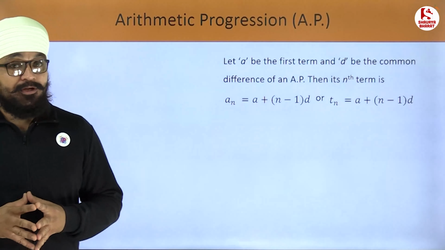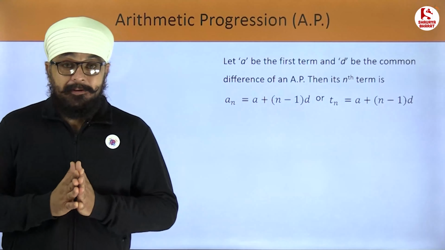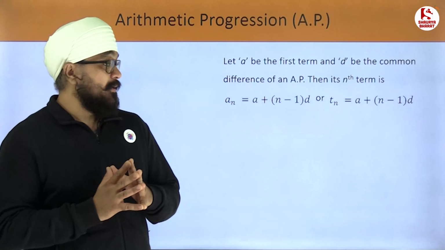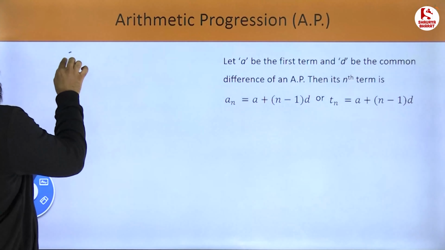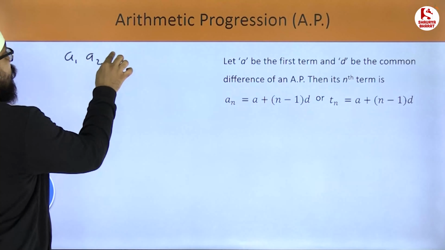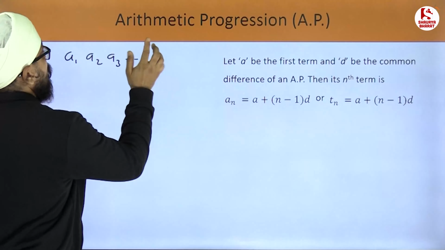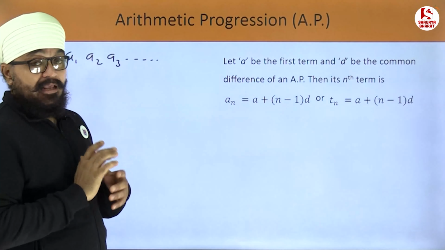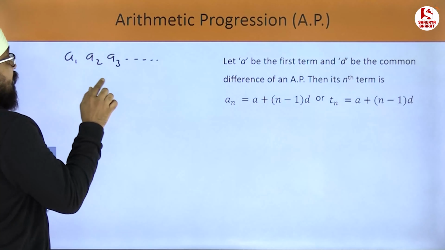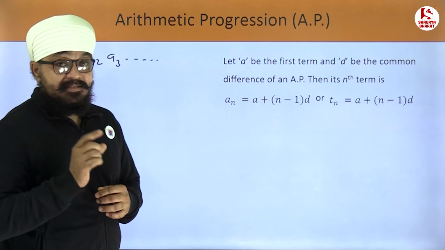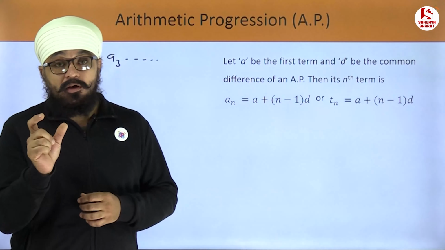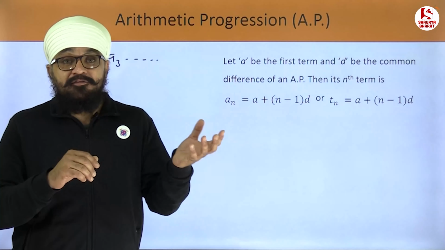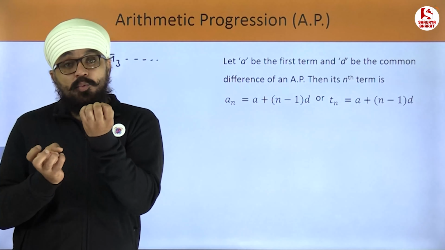So, arithmetic progression, now we have to find the logic to get any term of an arithmetic progression. Say A1, A2, A3, and so on, up to any number of terms, and let us find that if it is an AP, then what is the difference? We have already studied that it has a difference which is common to all. If I read the same thing the other way, we are adding a specific number to a given number.